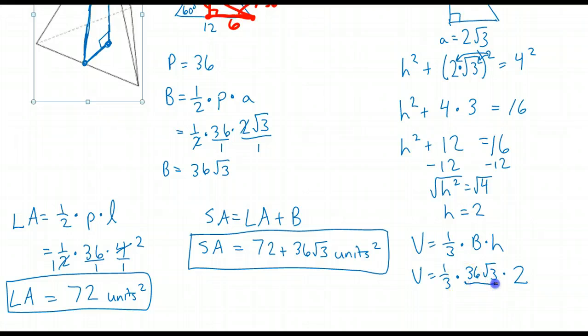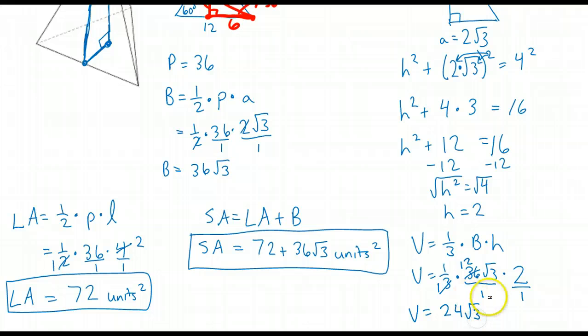If I put everything over 1, I can actually do this math in my head. 3 in the denominator, 36 in the numerator, simplifies down to 12 over 1. And now I have 12 square roots of 3 times 2, which is 24 square roots of 3 over 1. And my volume is always going to be in units cubed.